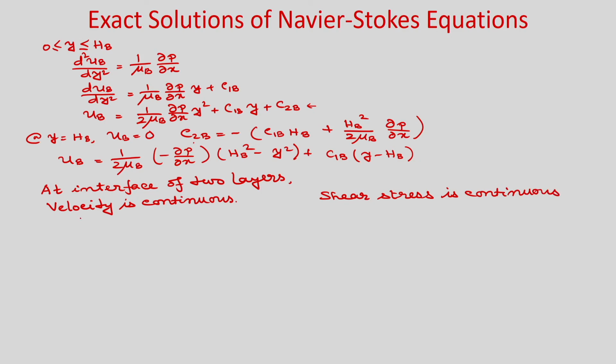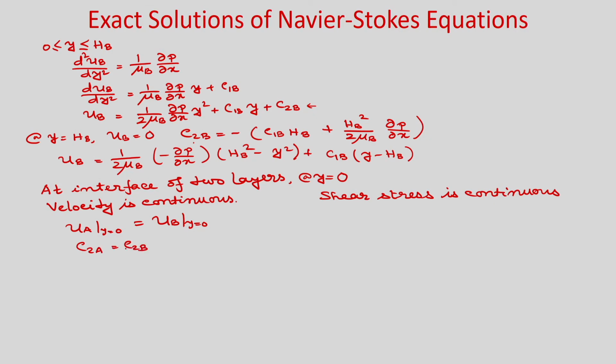So, if velocity is continuous, then we can write, so this is at y is equal to 0, right, at the interface means at y is equal to 0. So, we can write u a at y is equal to 0 is equal to u b at y is equal to 0. So, if you put at y is equal to 0, then you will get only C 2 a and C 2 b. So, you can write C 2 a is equal to C 2 b.